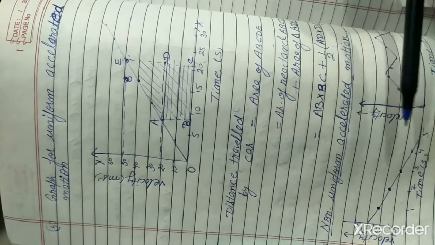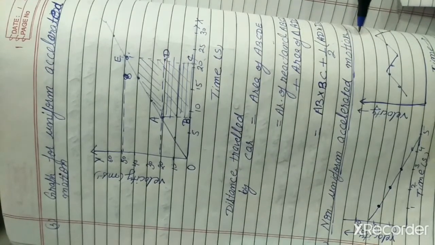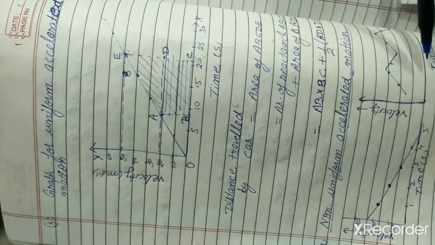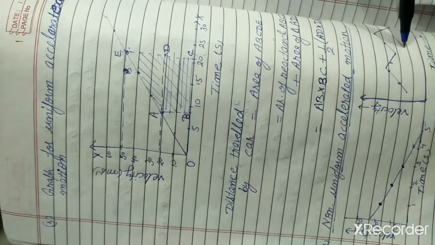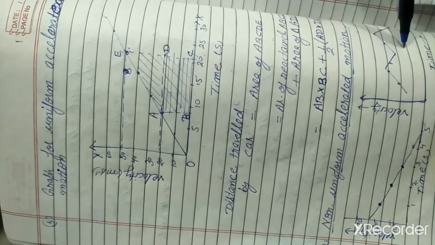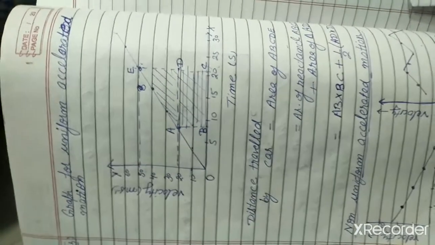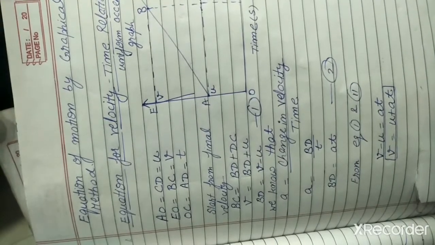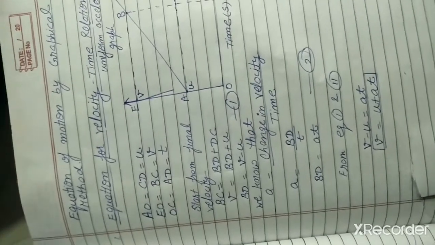Another case is when an object is moving non-uniformly, that is, non-uniformly accelerated motion. We can get different types of graphs having different curves, like this or like this, as the object is moving non-uniformly. Now we see the equations of motion for the velocity-time graph, which is very important in this chapter: the derivation of the equations of motion.